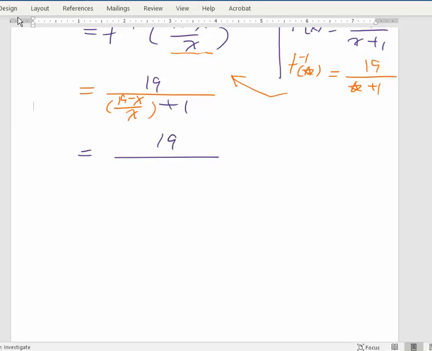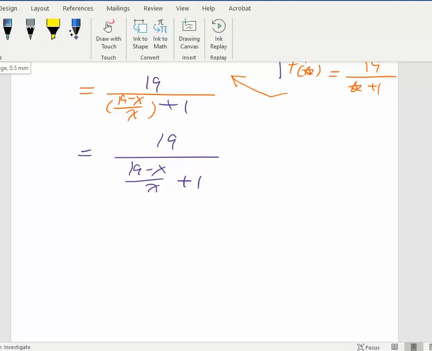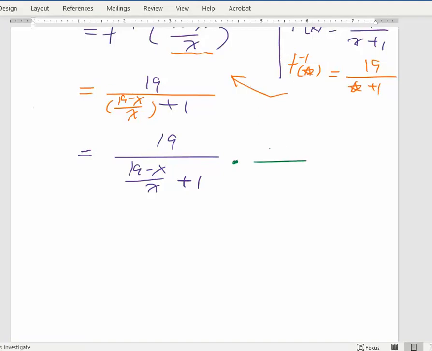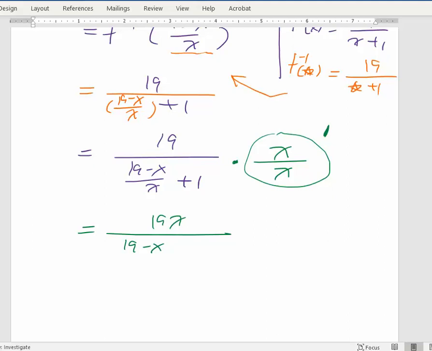So I have 19 over 19 minus x over x, plus 1. The quick and easy way to simplify this is by multiplying top and bottom by x over x. This is similar to multiplying by 1. Everything times 1 is still equal to itself. If I multiply this in, I will have 19 times x, 19x. X times the fraction gives 19 minus x, and x and x cancel out.